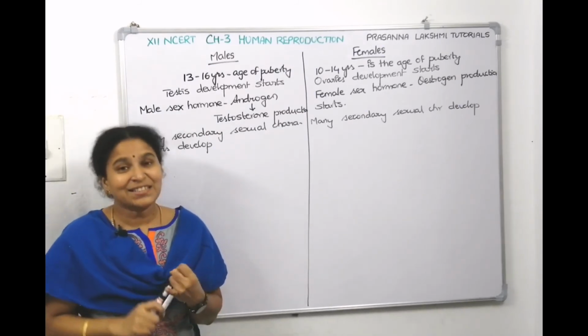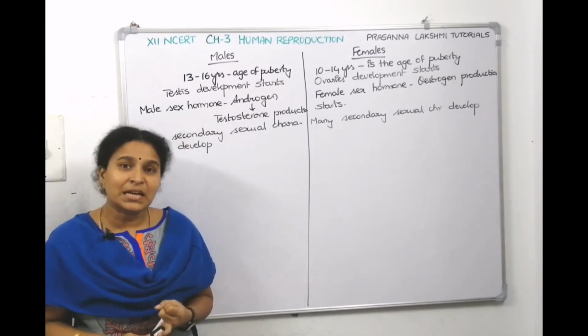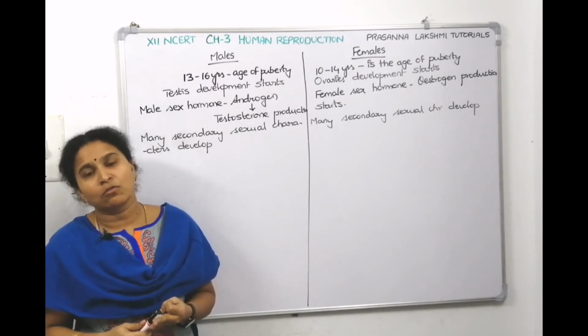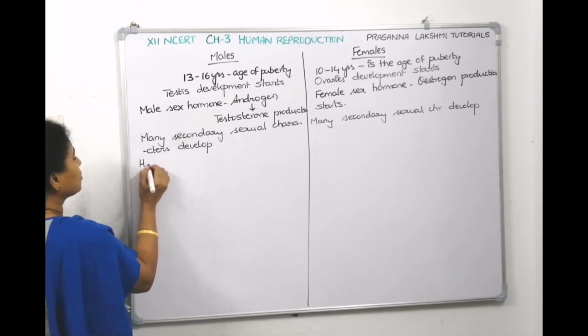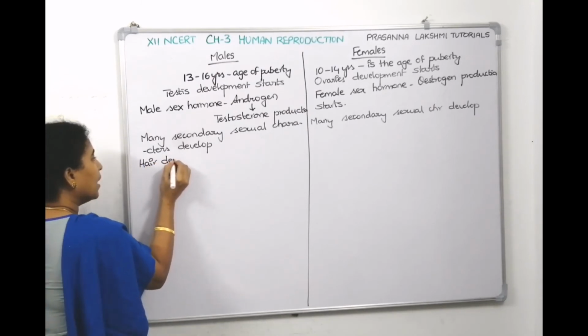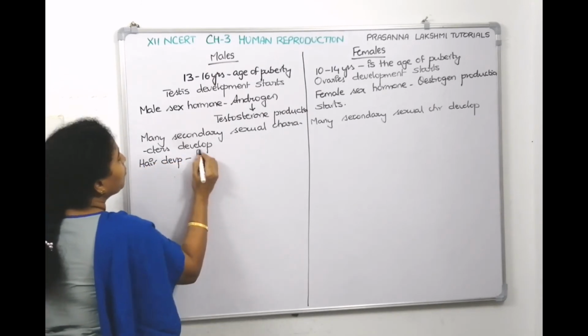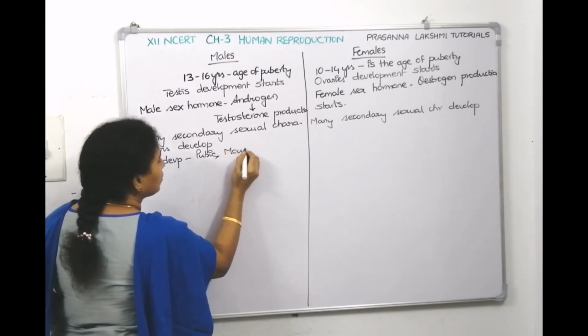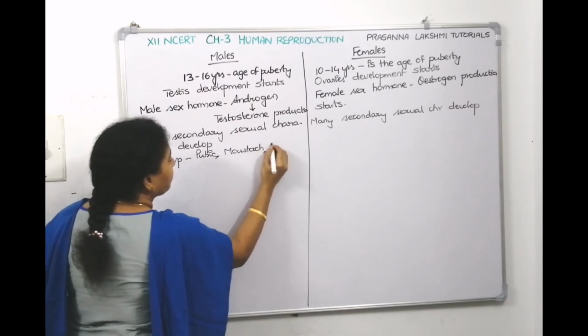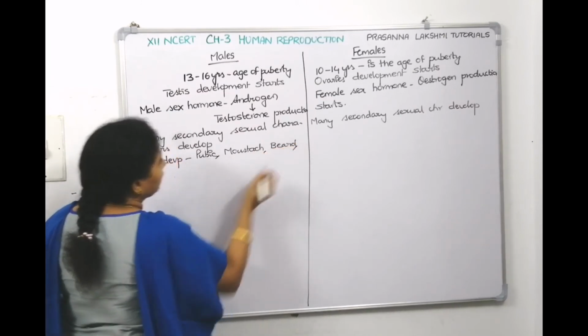You can see mustache start growing, then beard start growing, underarm hair grows, pubic hair grows, right? So, hair development in various regions. Hair development, where? The pubic region. Then next, mustache development, beard development will happen.